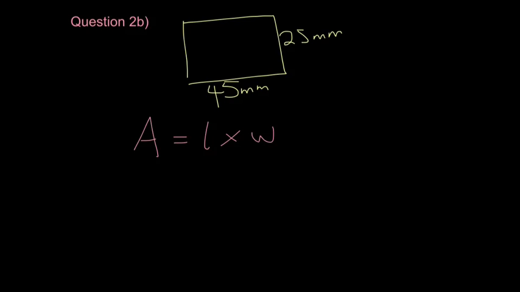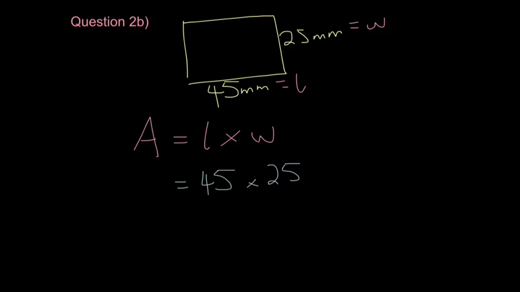Now I already established that the length is 45 millimeters and the width is 25 millimeters, so I'm going to use those two values. Instead of length I'm going to say 45, instead of width I'm going to say 25, and I've got to work out what 45 times 25 is.